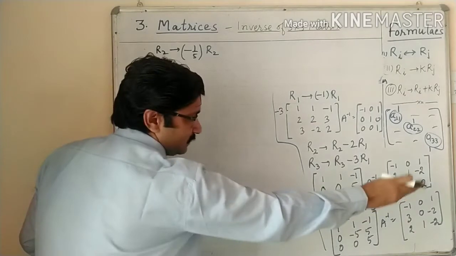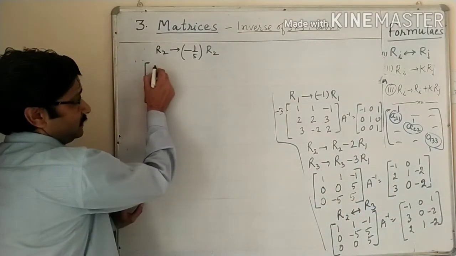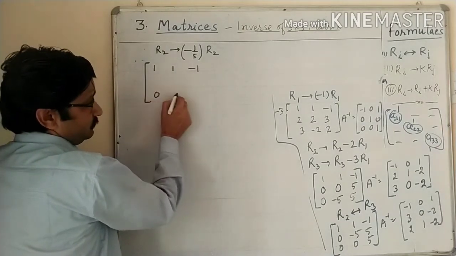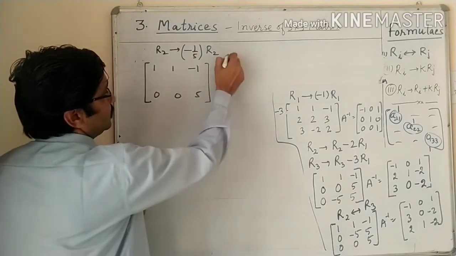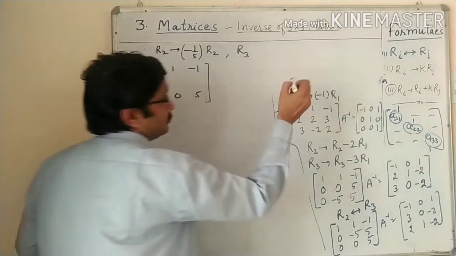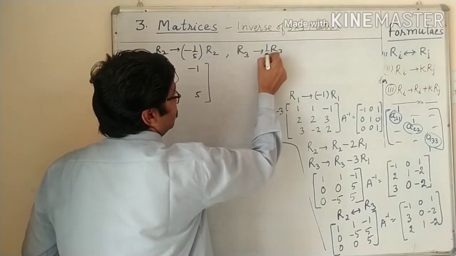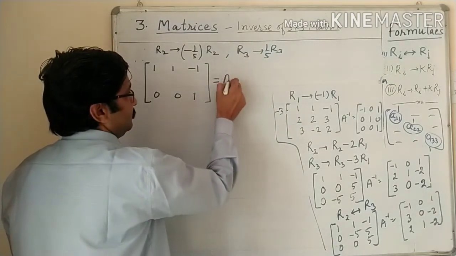Other rows no change, so you write the first as it is, 1, 1, minus 1 and 0, 0, 5. This is also not changed. So here also we make the change. R3, this also we take 1. We have to change it to 1. So R3 you can write, that also 1 upon 5. So here also you will get I equal to A inverse.